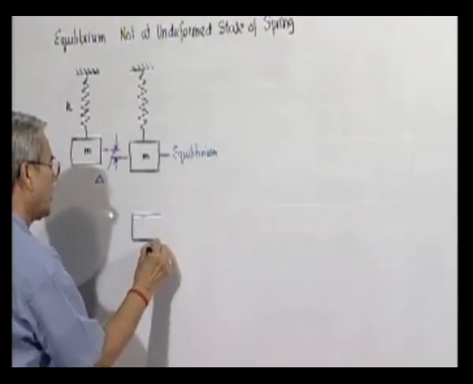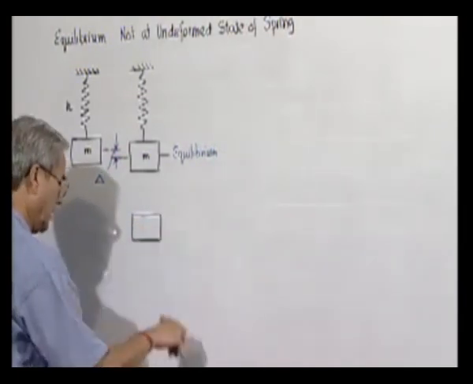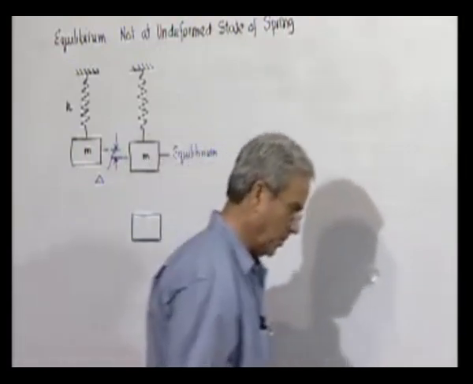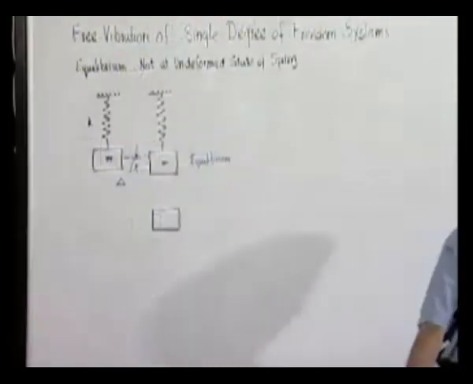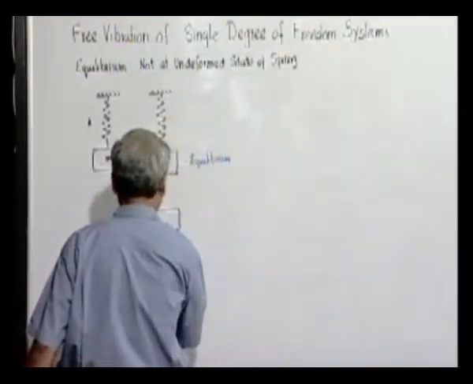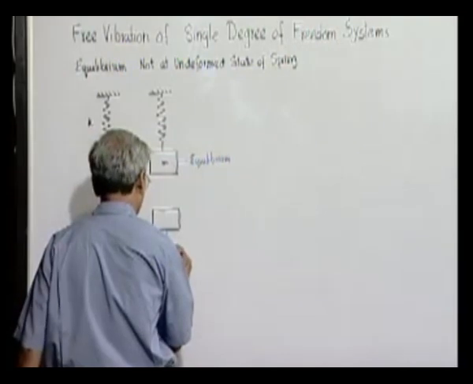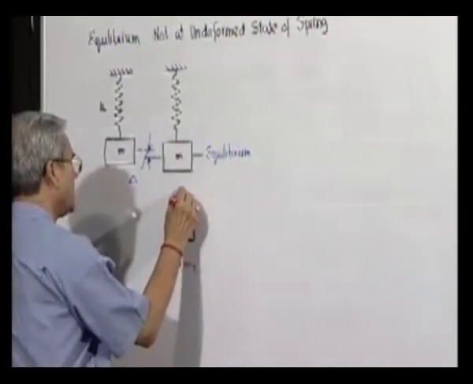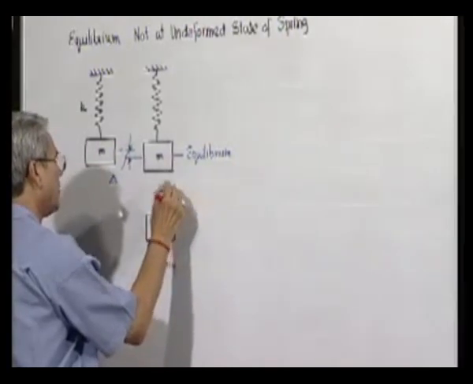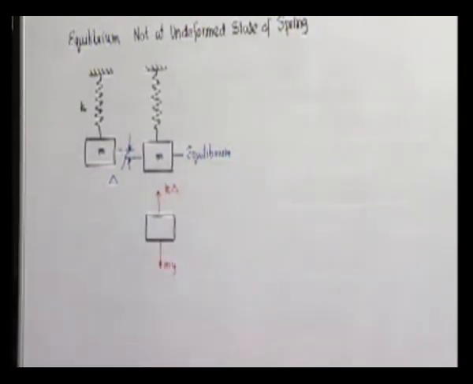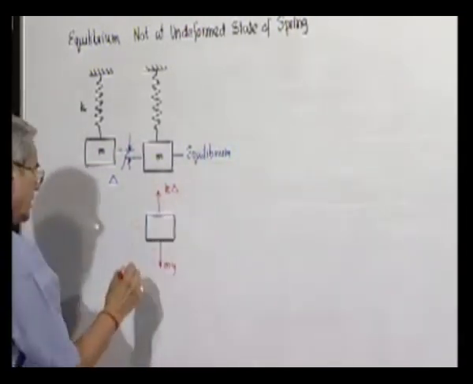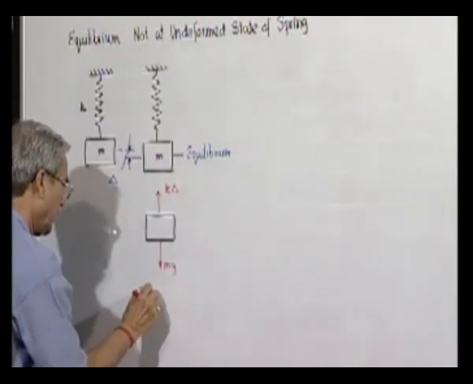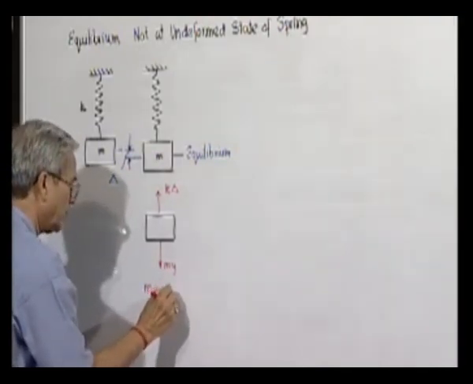That the total vertical force on this mass, one is the weight, which is mg, and the other is the spring force, which is k into the deformation of the spring, that is delta. And of course, since it is in equilibrium, mg must be equal to k delta.